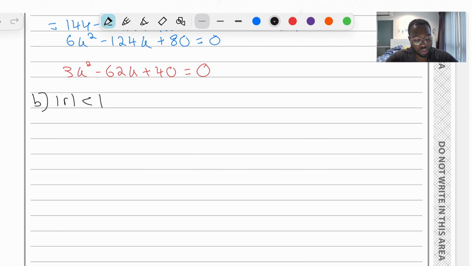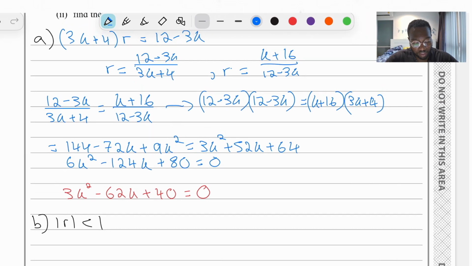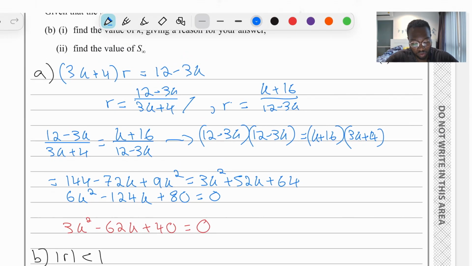When a sequence converges, the modulus of r, our common ratio, has to be less than 1. So we need to work out our k value first, and then once we work out our k value, we can put it into one of these r equations to get our value for r.